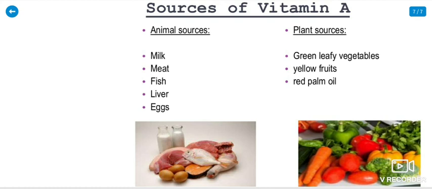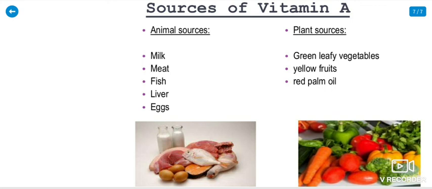These are easily available for just 5 to 10 rupees. Green leafy vegetables are available, so we have to use them to overcome vitamin A deficiency. You can improve it with these sources of vitamin A compounds, as well as sunlight.